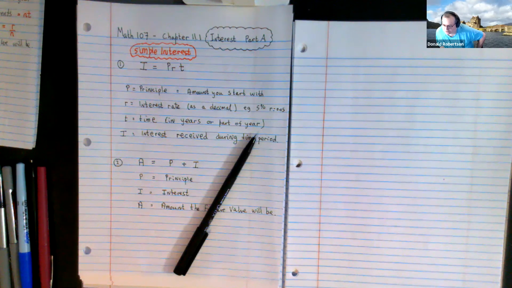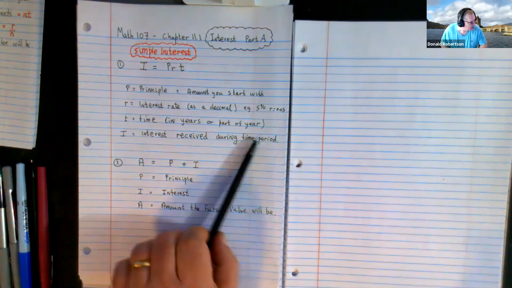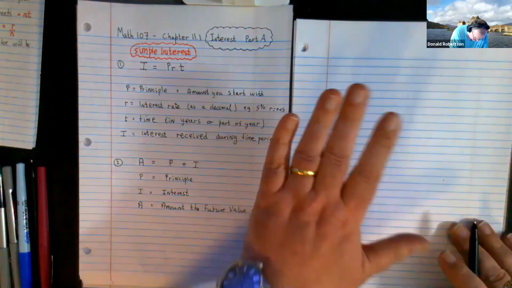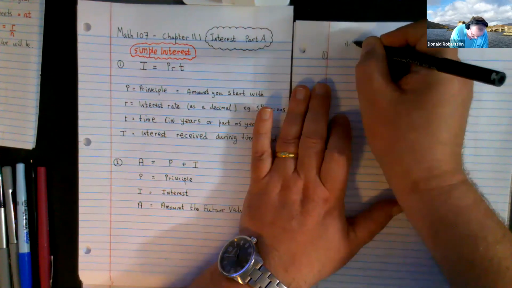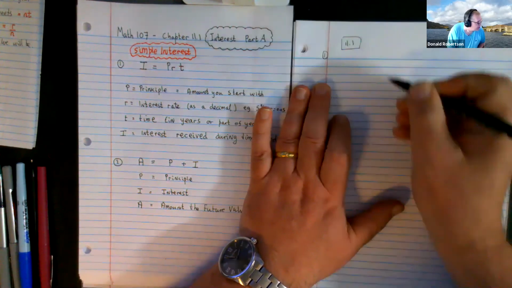WebAssign codes the question, so if it's in red, that number changes. So you do it, it's a 3, but somebody else does it, it's a 5, right? So you don't always get the same question. So if you're wondering why my question 1 from section 11.1 is not yours, it's because that's what WebAssign did.